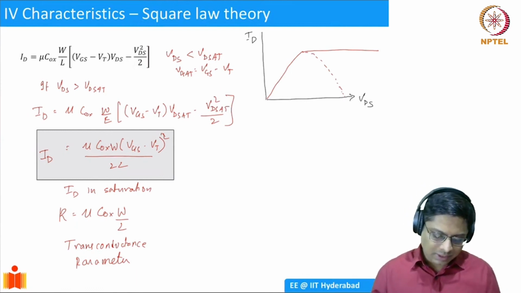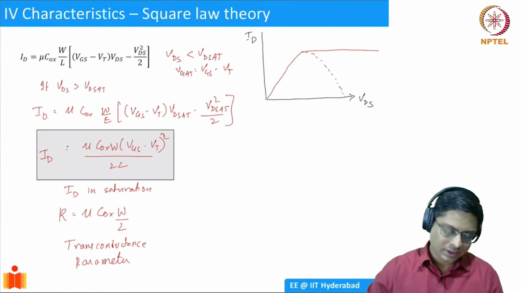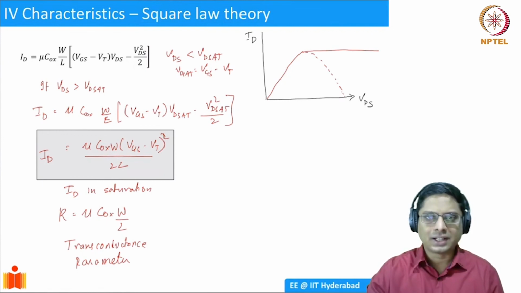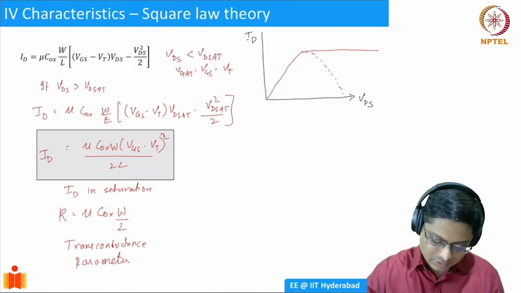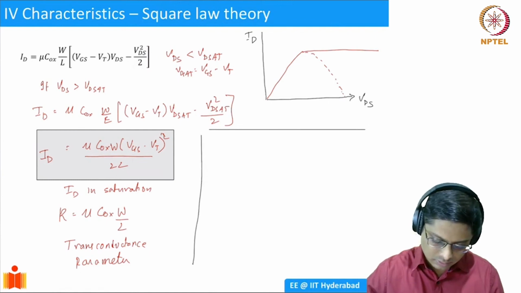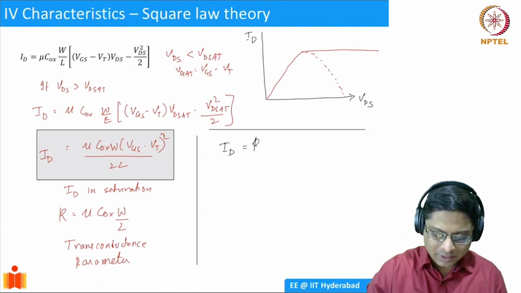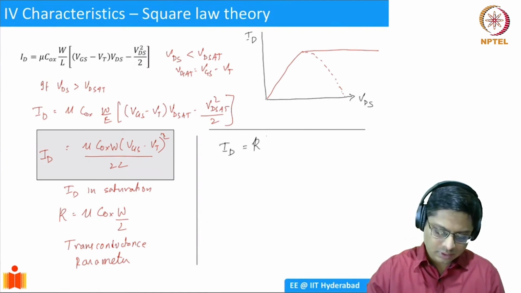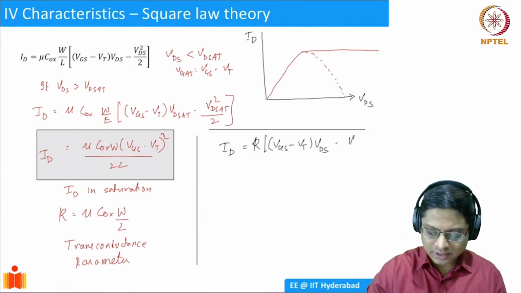Now, let me take an example. Let me try to calculate what happens to the drain current. I'll take a simple example. Then after that, I'll stop this video and then I'll continue in the next video. So ID, I can write it as simply kappa times VGS minus VT times VDS minus VDS whole square divided by 2.